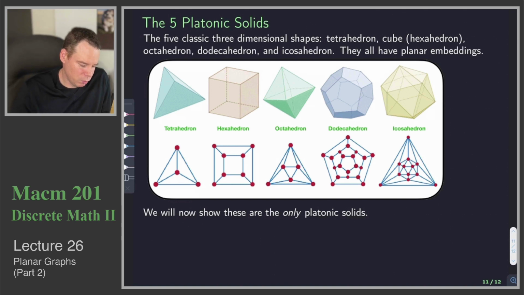So for our tetrahedron, we have 3 triangles coming together at every vertex. For the cube, we have 3 squares. For the octahedron, we have 4 triangles. For the dodecahedron, we have 3 pentagons. And the icosahedron has 5 triangles coming together at every vertex. So that's what it means to be a Platonic solid.